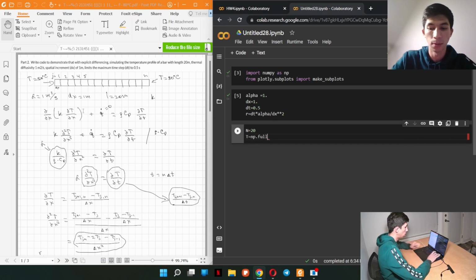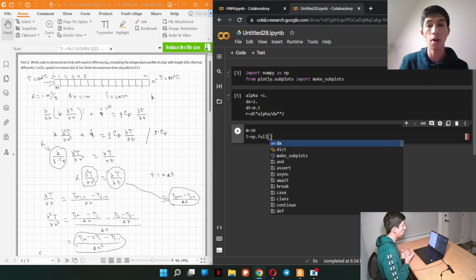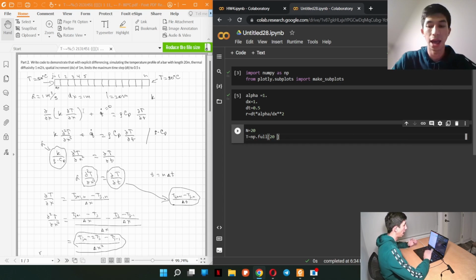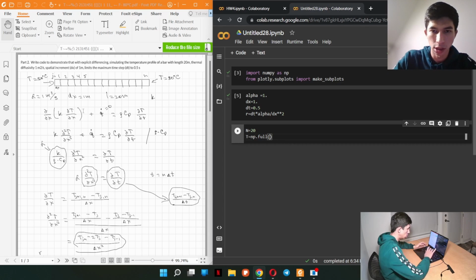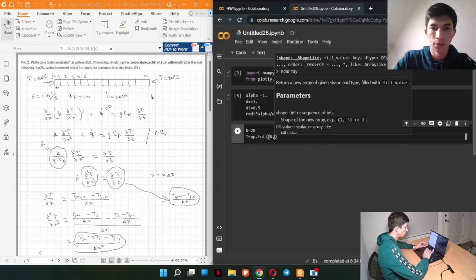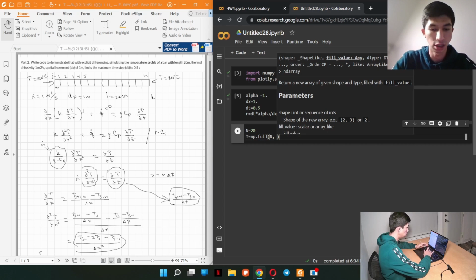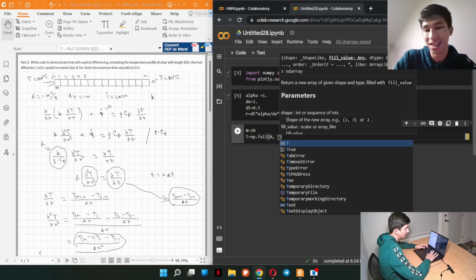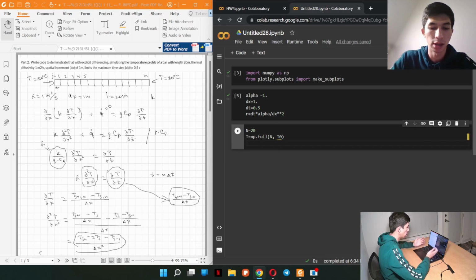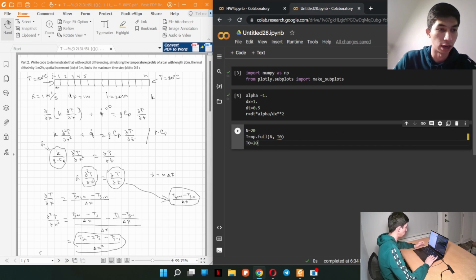So the number of temperatures in our array should be 20, right? And for each one, the initial temperature is going to start from T0. Let's say T0 is going to be 20 degrees, right?